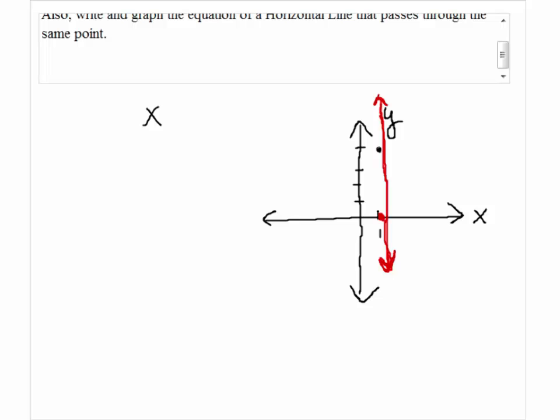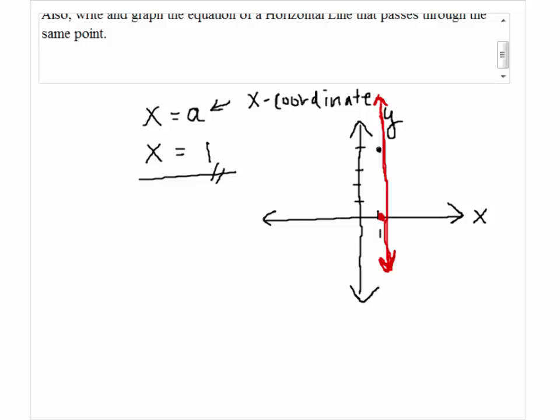Now, the vertical line has the form x equals a, where a is the x-coordinate of a point. So our equation of the line will be x equals 1.